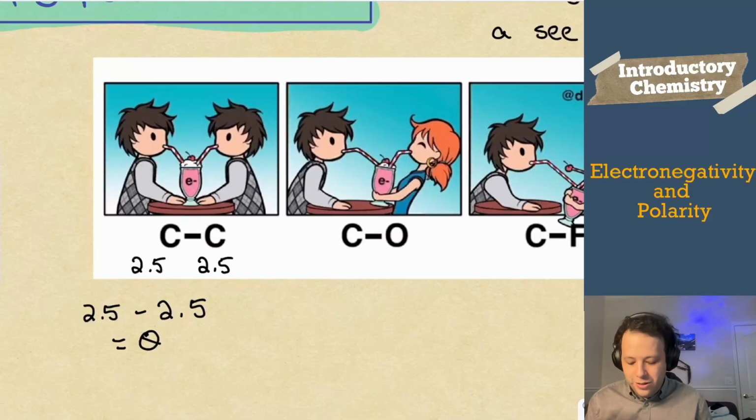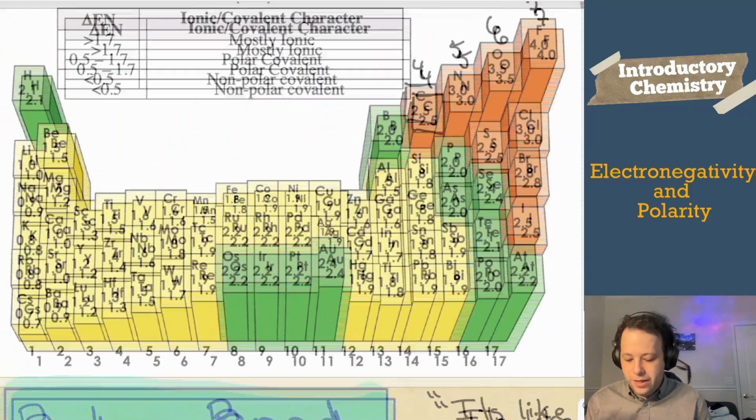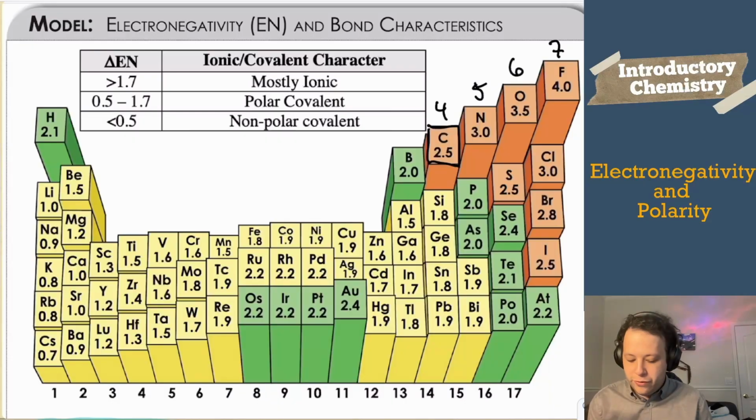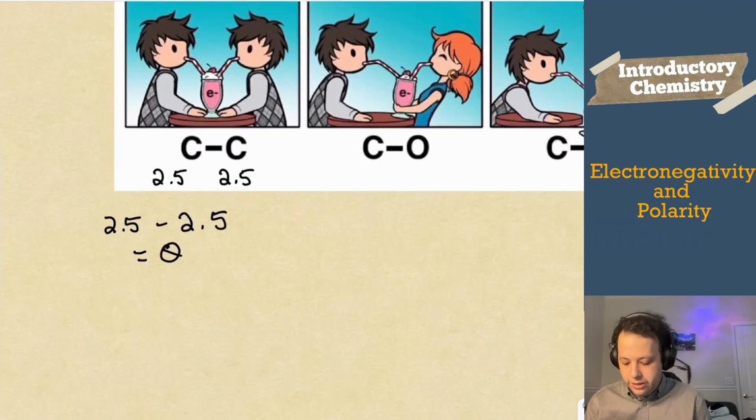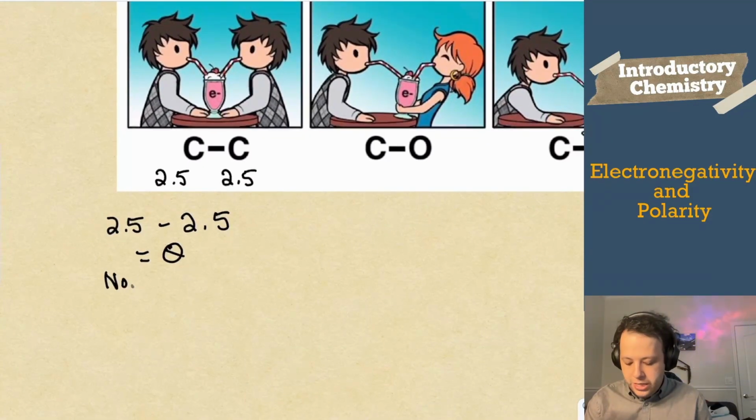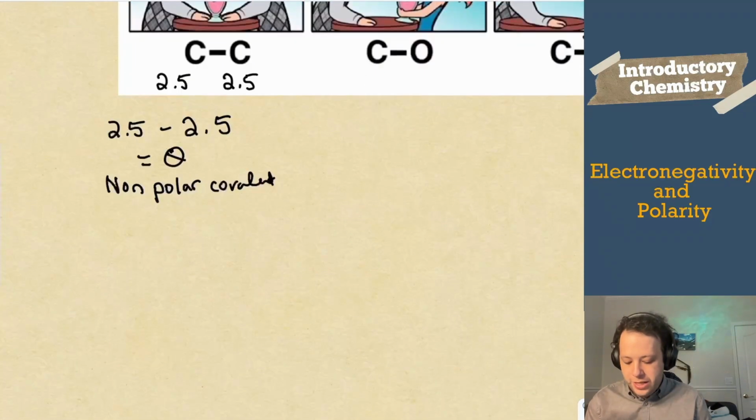So what that tells you is that we can go to a chart and see that there are labels for what that difference is between them. Being that this is less than 0.5, this is a non-polar covalent bond, meaning that it's an even sharing. You don't see more electrons going towards one side versus the other. So what does that look like in terms of orbitals?